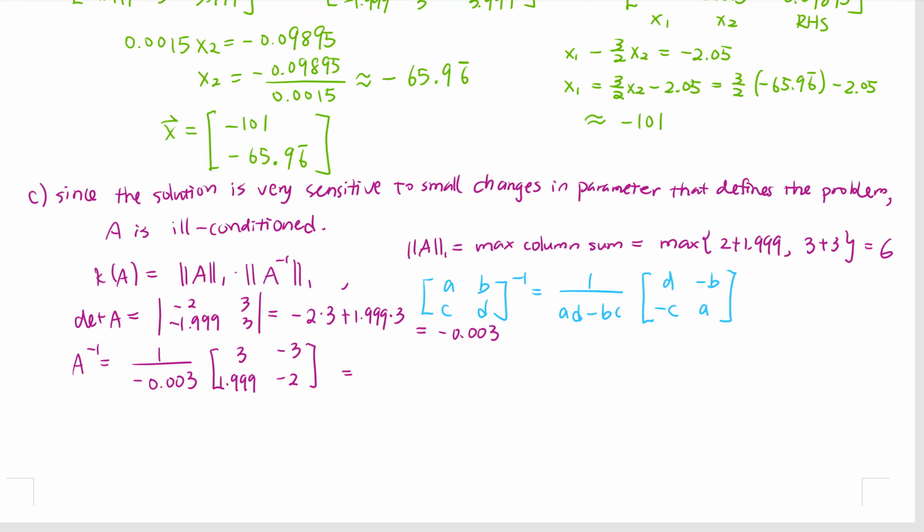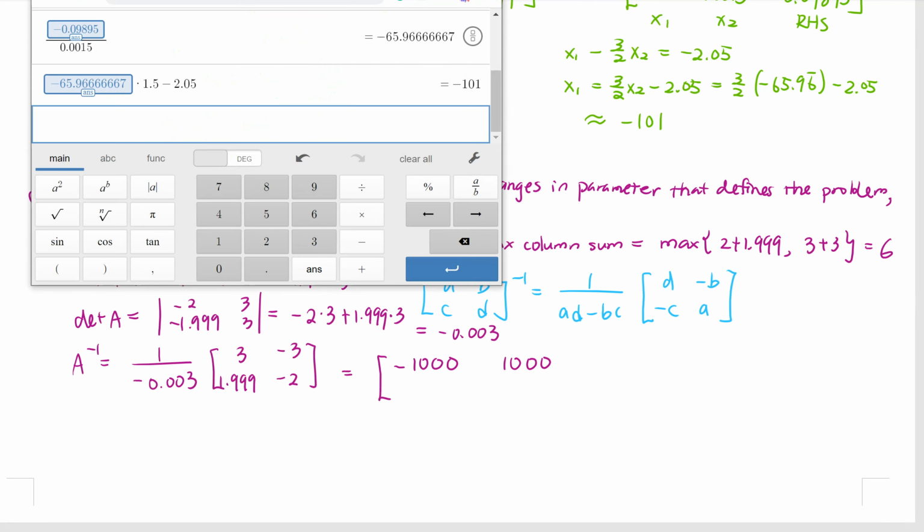Let's see. If we use 3 to divide by -0.003, we get -1,000. If we use -3 to divide by -0.003, we get 1,000. If we use 1.999 divided by -0.003, this one I need a calculator.